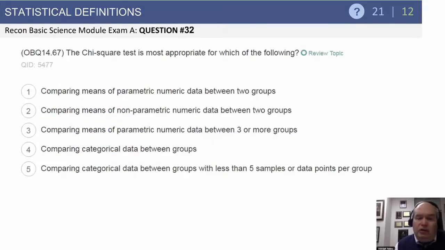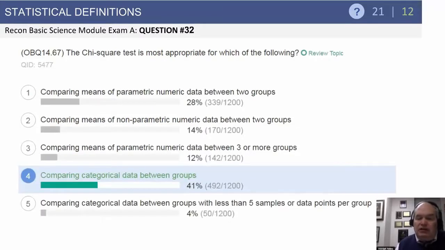So moving on to question 32, it asks the chi-square test is most appropriate for which of the following? The answer is categorical data, and here's the trick. If you want to remember what a chi-square test is used for, remember that it's a hard C, chi, and categorical starts with that hard C as well. That's one mental trick for remembering that categorical data and chi-square tests go together.